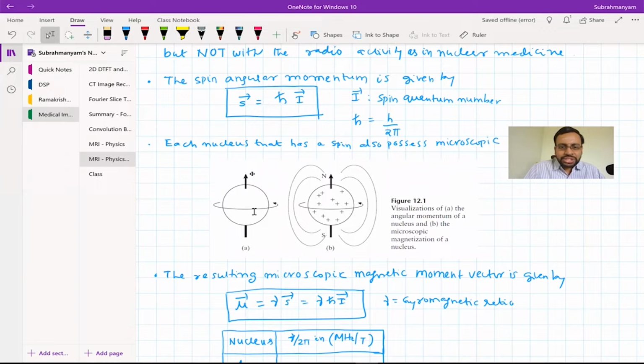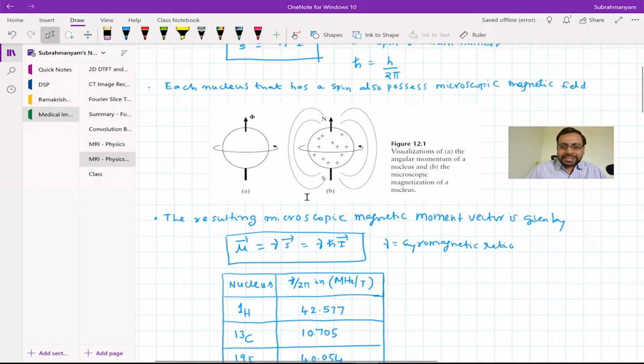When a charged particle is rotating, what would that generate? From your Maxwell's equations, what is it going to generate? Magnetic field. Right, a magnetic field. So it acts like a small tiny magnet, depending on its rotation, it has its north pole and south pole, and it keeps rotating.